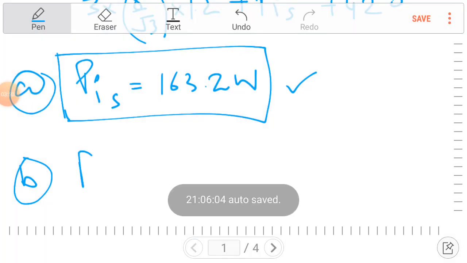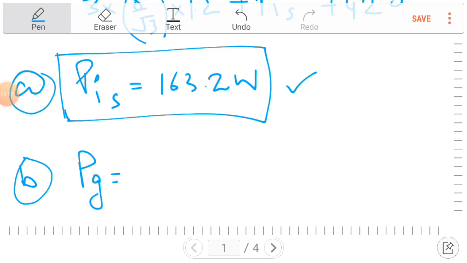Next we have to find the air gap power, which is equal to input power minus stator copper loss and stator iron loss.